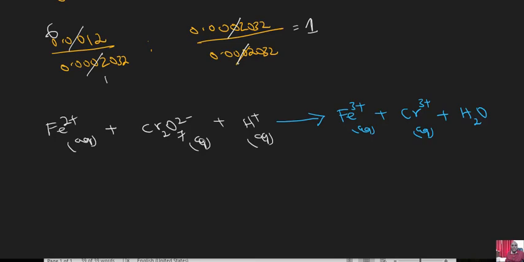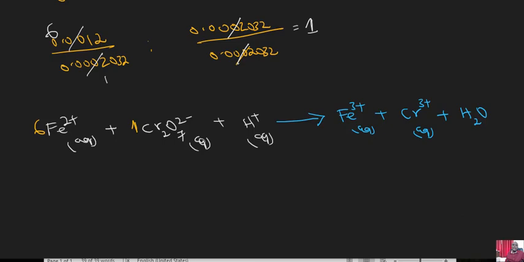So here we have found a mole ratio of 1:6 through our calculations. And the question is, is this true? Look at that. It is true because iron 2 turning to iron 3, we have a loss of 1 electron.